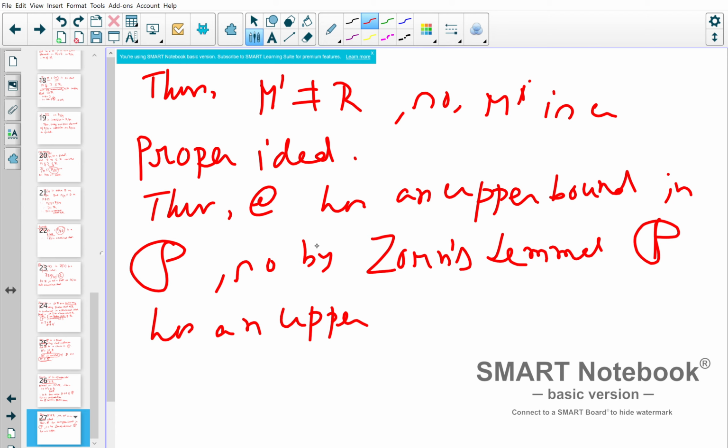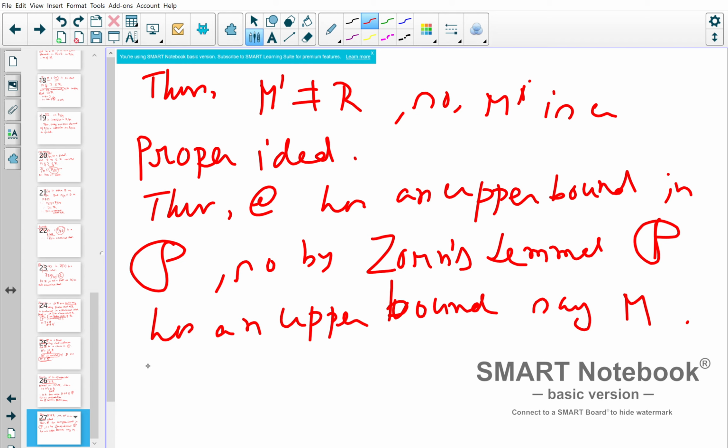If every chain has an upper bound, then the full poset has a maximum element. So as an upper bound, or you can also say maximum element, say M. This M may be different from m dash also, right? But this is a maximum element, an upper bound, right?